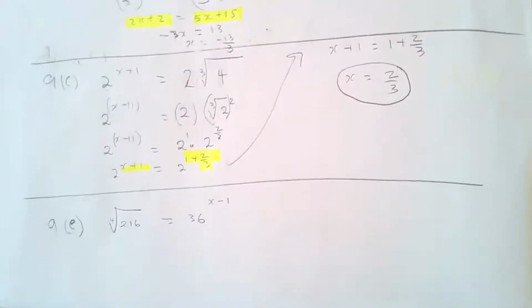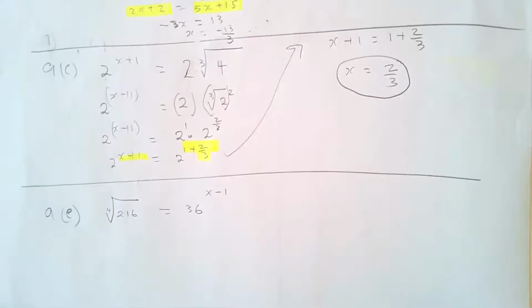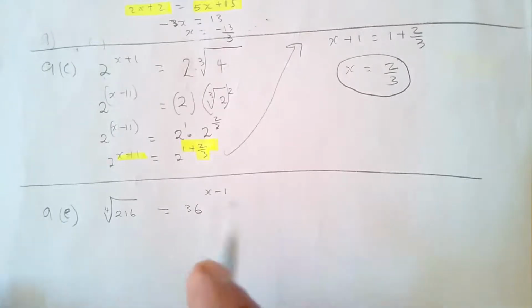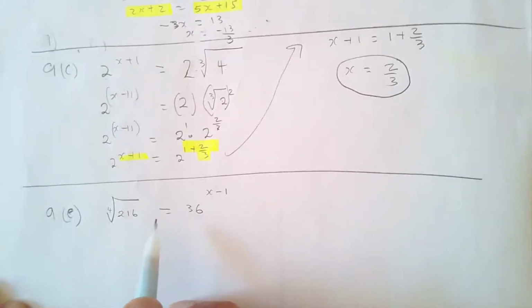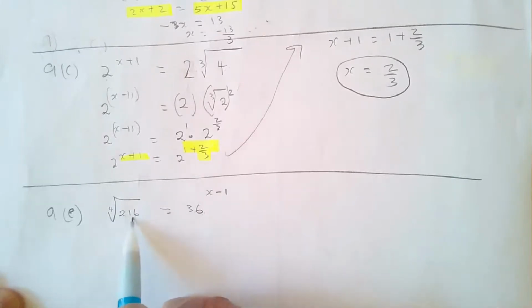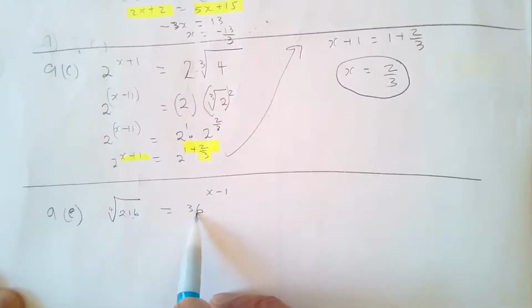We'll do one final one from 9, and then we'll look at a couple of examples in 10 that are very tricky ones. So in this example, we have 216 and 36. Chances of getting an exponent of 36 are very small. So the most likely one here is to change 216 and 36 into a power of 6.